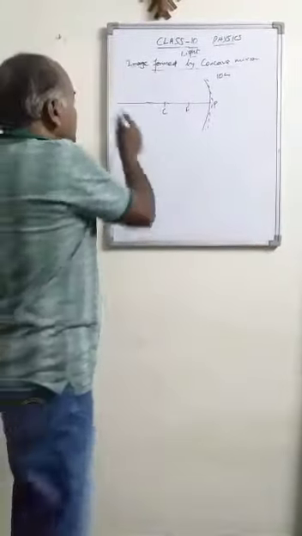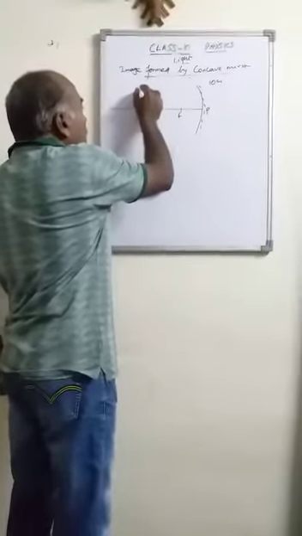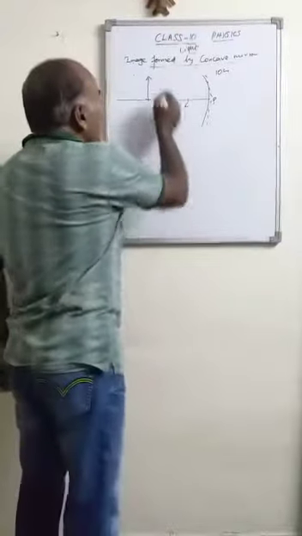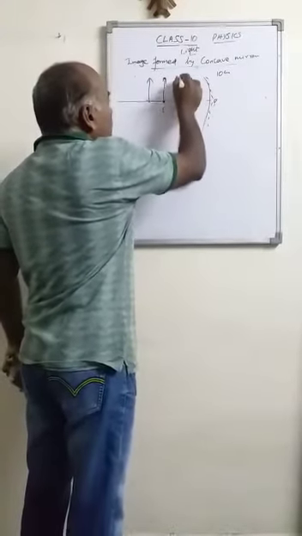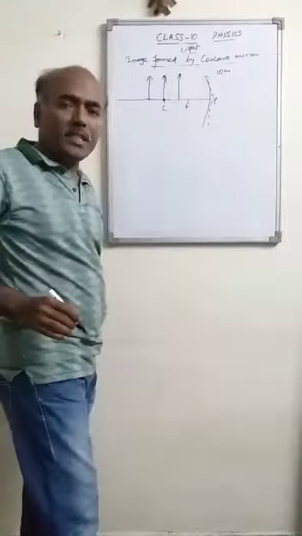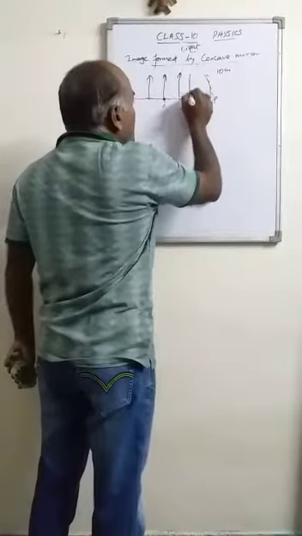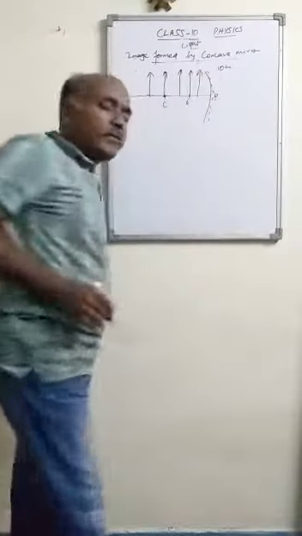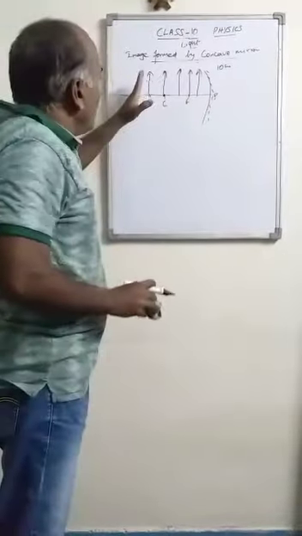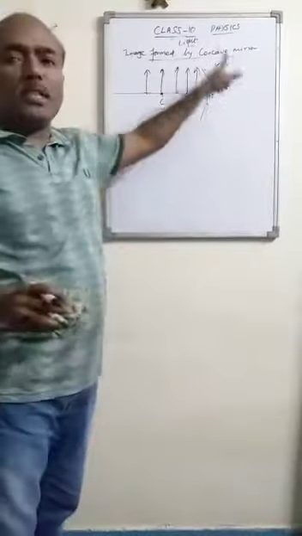Then the object may be brought closer to the mirror here. The object may be placed at the point C. The object may be placed between F and C. The object may be placed at F. The object may be placed between F and P. At any position the object may be placed.